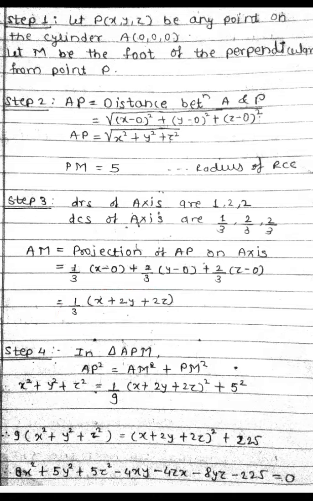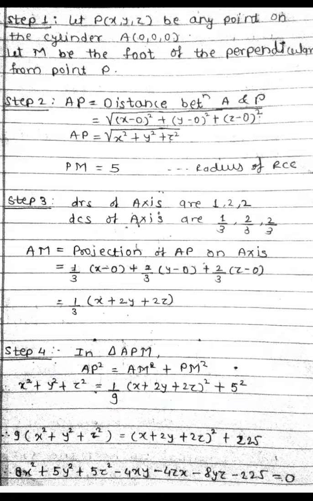Now, after getting the AM value, in the fourth step always use the concept of a right angle triangle, that is the Pythagoras theorem. According to the Pythagoras theorem, AP squared is equal to AM squared plus PM squared. Put the value of AP from step 2, the value of AM from step 3, and the PM value is the given radius.